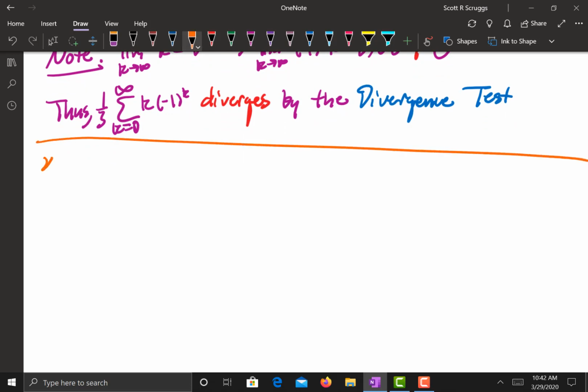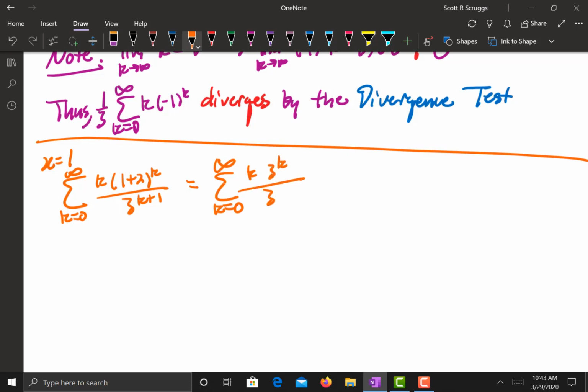Alright, and now let's do that again by plugging in 1. Plugging in 1 where I saw an x gives me the sum of k times (1 plus 2) to the kth power over 3 to the k plus 1. 1 plus 2 is 3. So I now have the sum from k equals 0 to infinity of k times 3 to the kth power over 3 to the k plus 1 power.